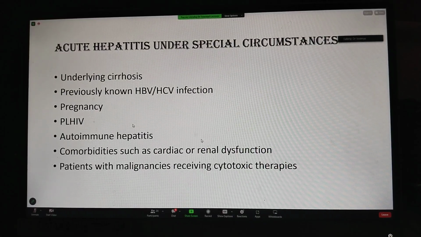These patients are known to have a protracted course of acute hepatitis and other end organ damages. So consider transfer of these patients at the earliest in case of acute hepatitis.